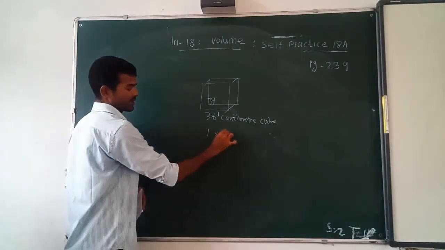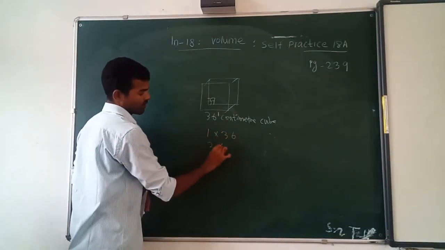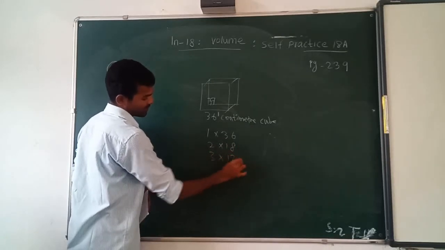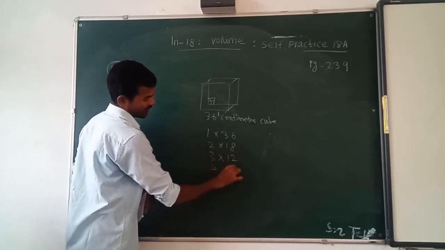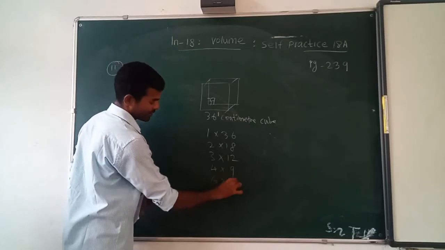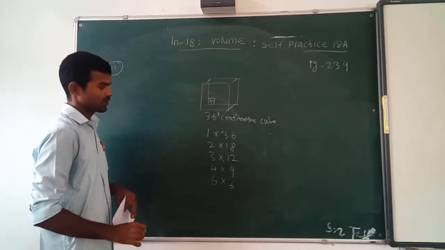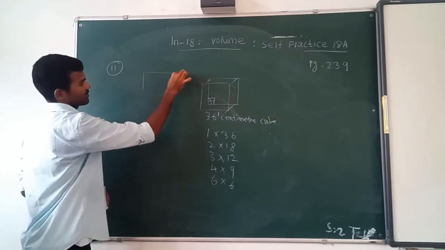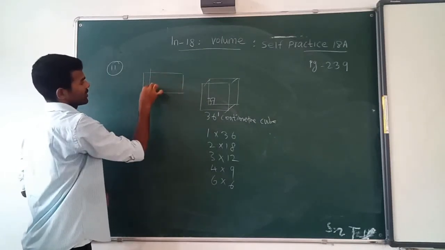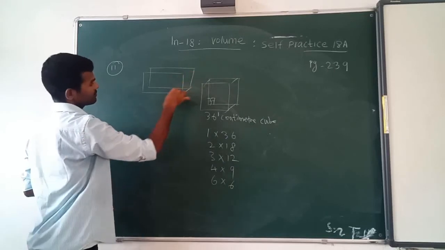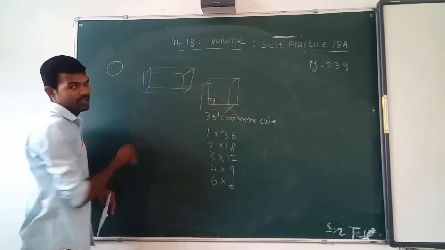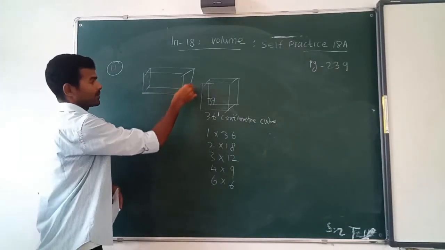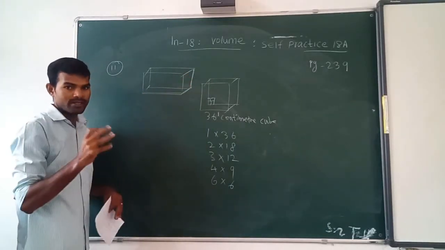1 multiply 36, 2 multiply 18, 3 multiply 12, 4 multiply 9, 6 multiply 6, each is 36. In a cuboid there are 3 things: length, breadth, and height.